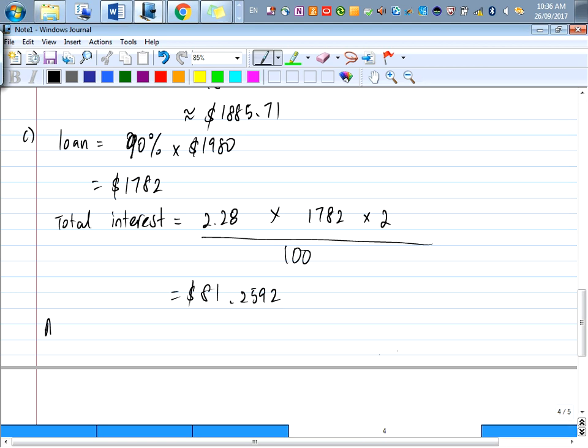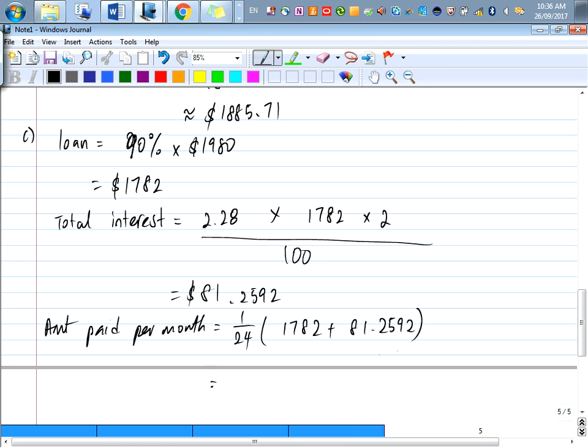So, amount paid per month is equal to 1 over 24, because there are 24 months, times 1782 plus 81.2592. And I get 77.6358. Round it off to 2 dp because money. 77.64. Is that the answer key?